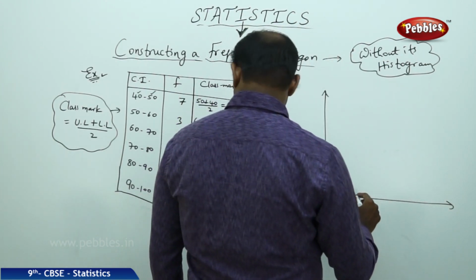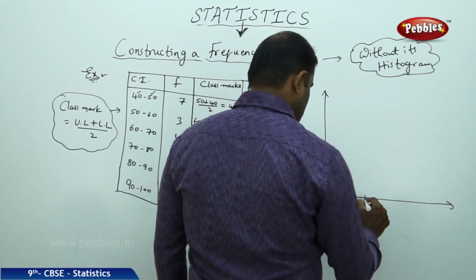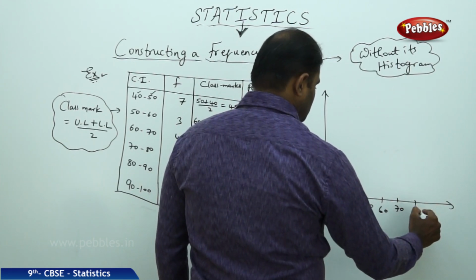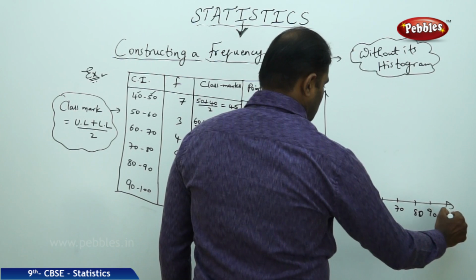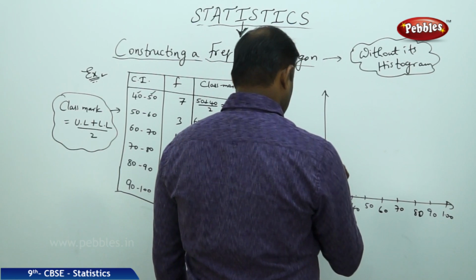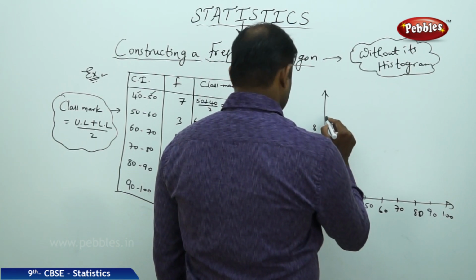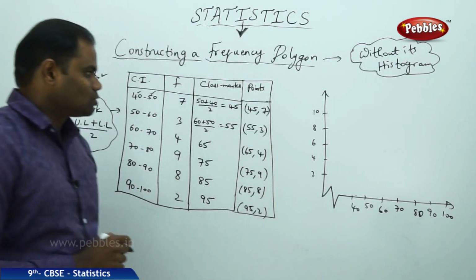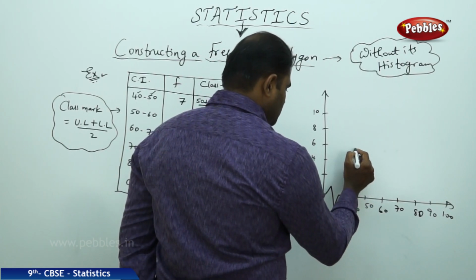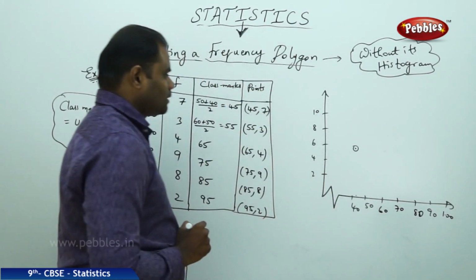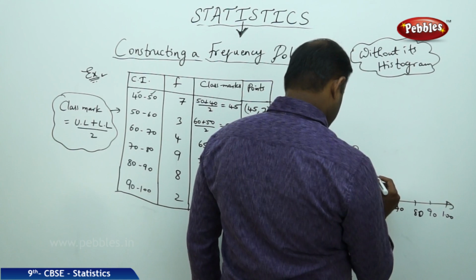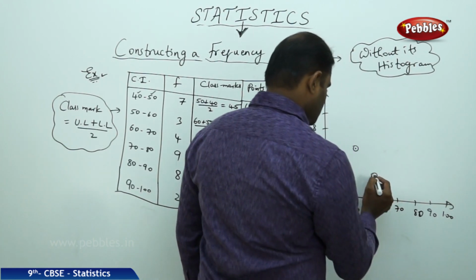So I pick the marks 50, 60, 70, 80, 100 on the x-axis, and 6, 8, 10 on the y-axis. The first point is 45, 7, so it lies at 45 and approximately here. Next, 55 and 3, which lies here.